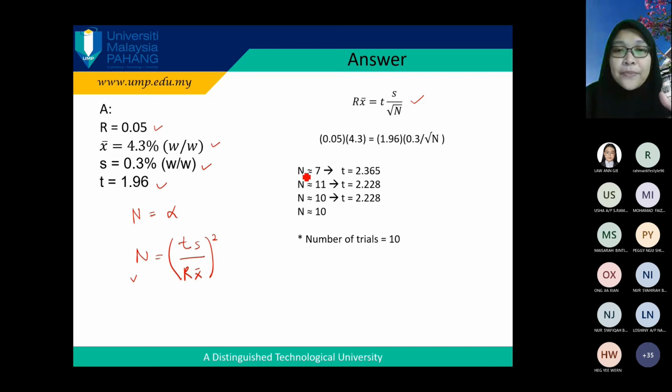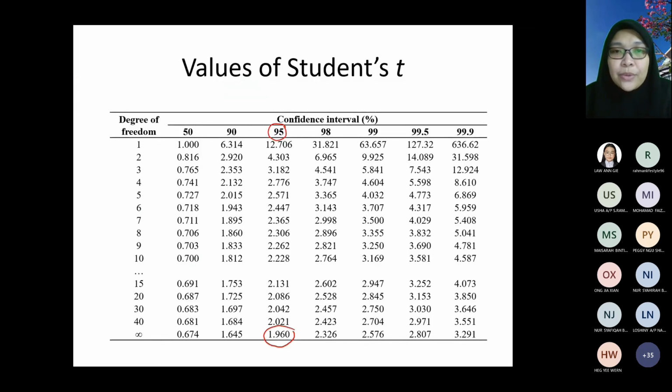Okay, for the first time, we assume n equal to infinity, we get t equal to 1.96. Bila you masukkan, you dapat the first n is equal to 7. So from this n equal to 7, go back to the student t table. Look at the value of t when you have n equal to 7. It is 2.365.